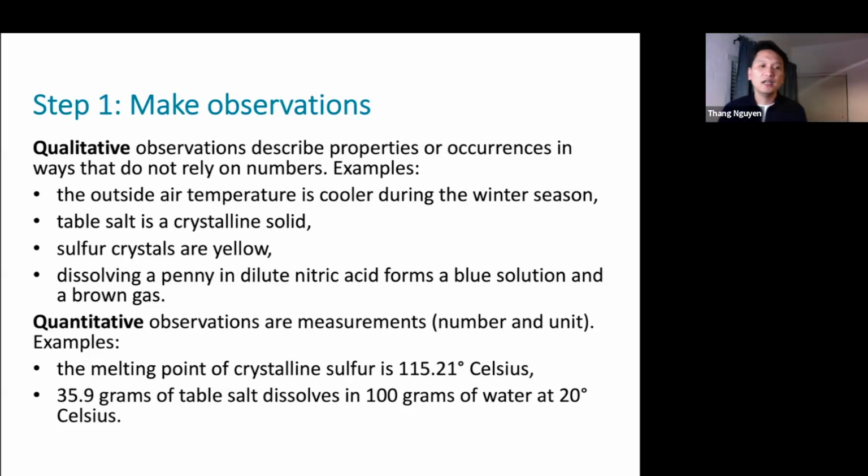For example, the outside air temperature is cooler during the winter season, right? Or table salt is a crystalline solid, right? Or sulfur crystals are yellow. The color is yellow. Now those are just observations of the way things are.